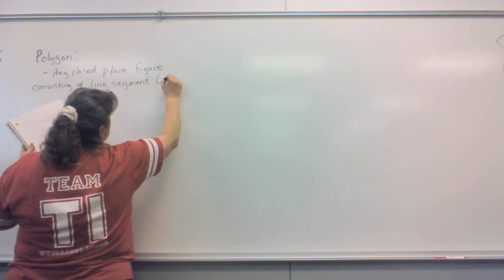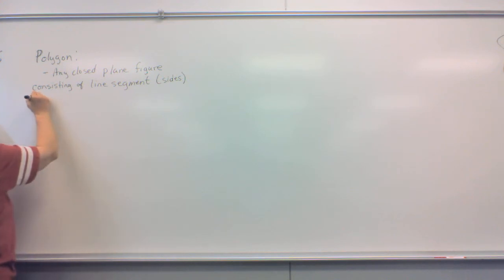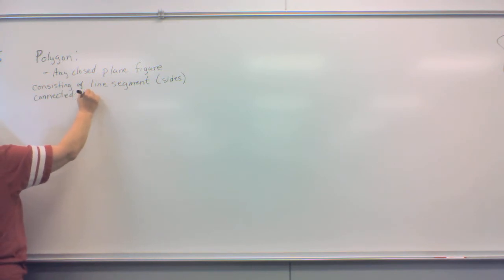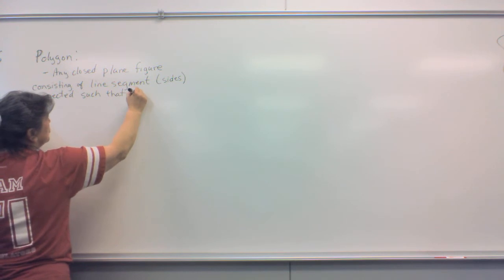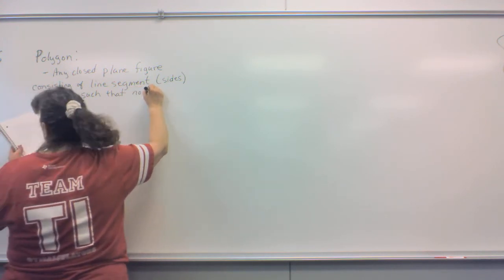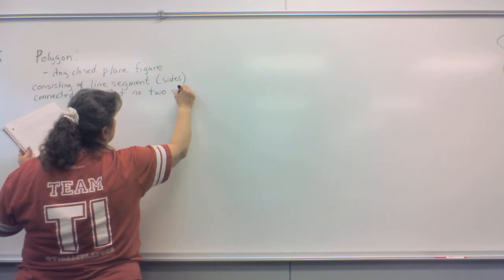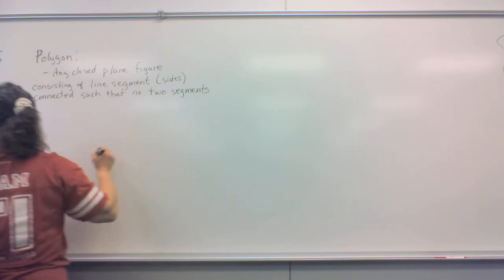In other words, these become the sides of your polygon, connected such that no two lines, no two segments, cross each other.